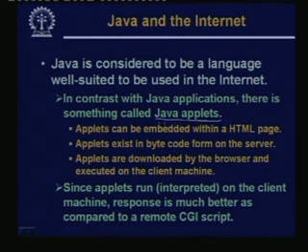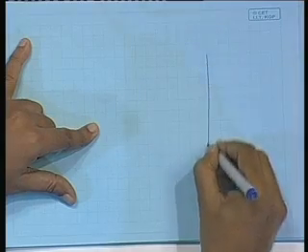So, basically Java applets are Java programs which can be embedded within an HTML page. Applets exist in bytecode form on the server, and applets are downloaded by the browser and executed on the client machine. So, what I have said is this, let us try to understand. This is your web server.